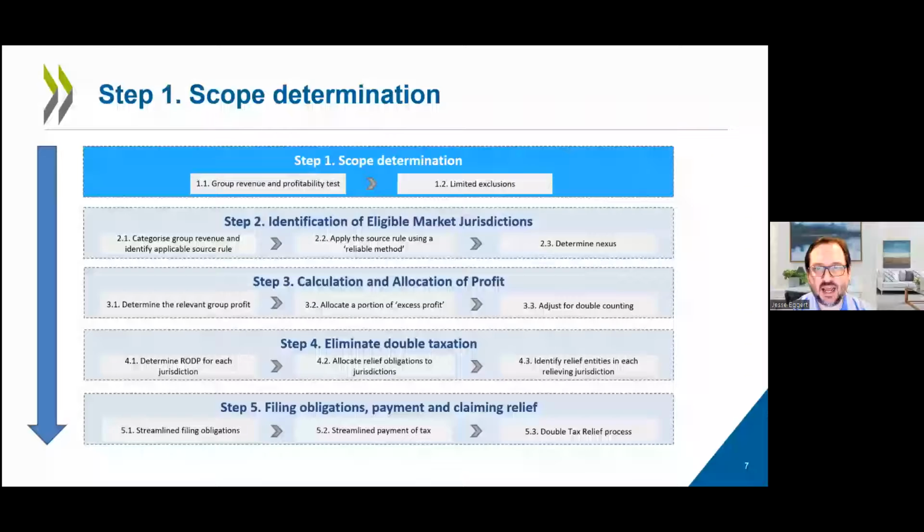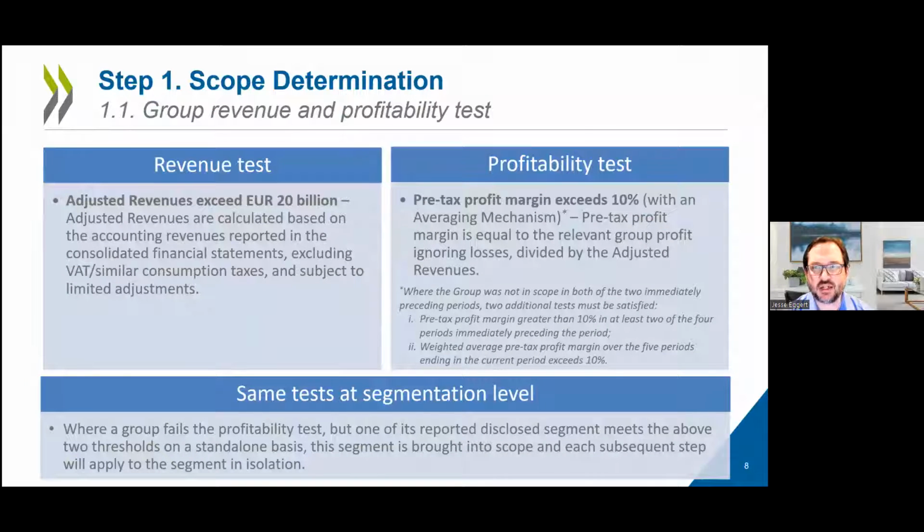So on slide 8, you'll see the main scope test. It looks at both revenues and profitability. With respect to revenues, groups are going to be out of scope with respect to an accounting period unless their adjusted revenues exceed 20 billion euros in that period. Now, adjusted revenues are the revenues they report in their consolidated financial statements, exclusive of consumption taxes like VAT, and subject to certain other limited adjustments.